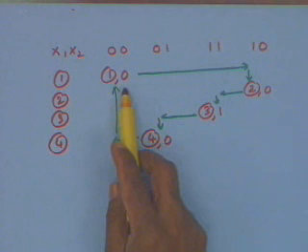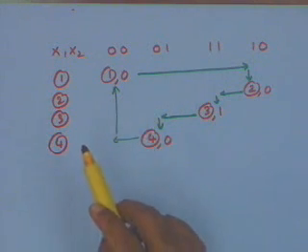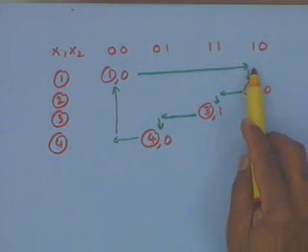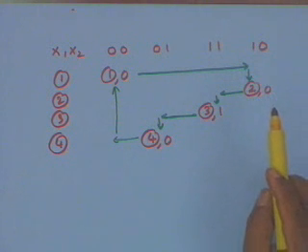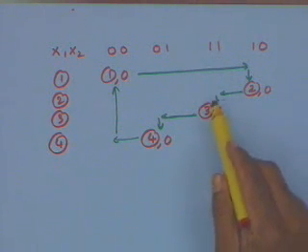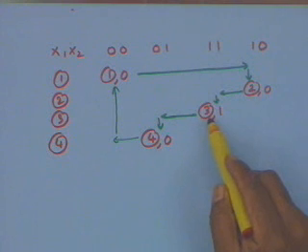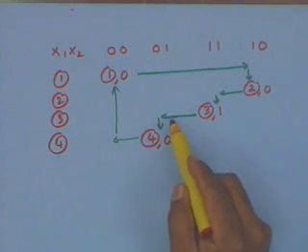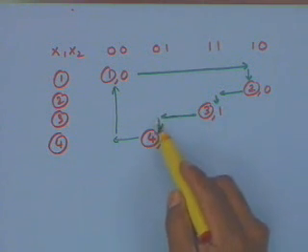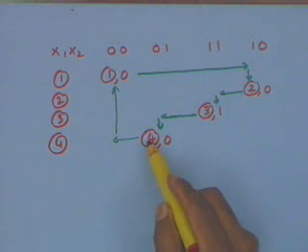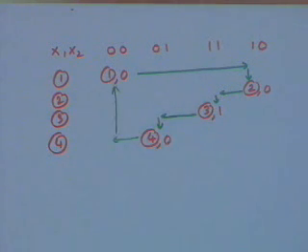I started from a stable state of 1, output of 0. x1 became 1, I went to a stable state 2, then x2 became 1, I went to a stable state 3, then x1 became 0, I came to a stable state 4, and then x2 became 0 and I came back to stable state 1. So this is what it is showing.